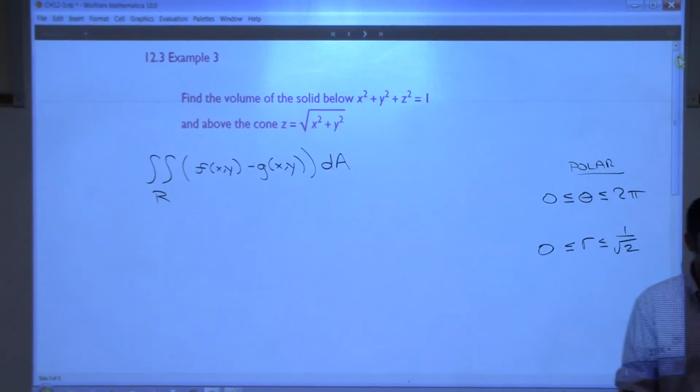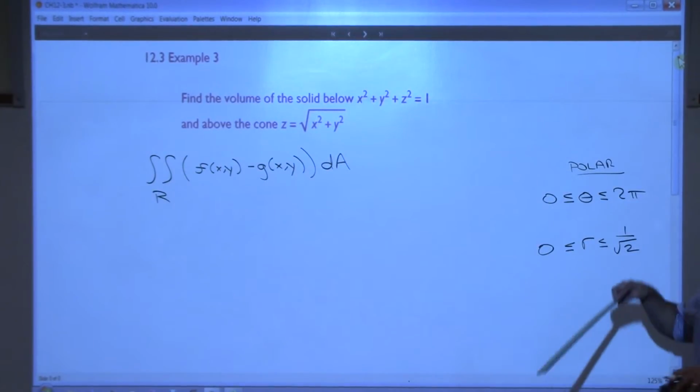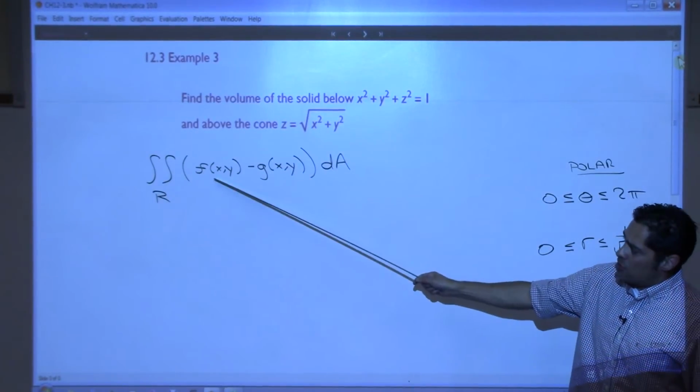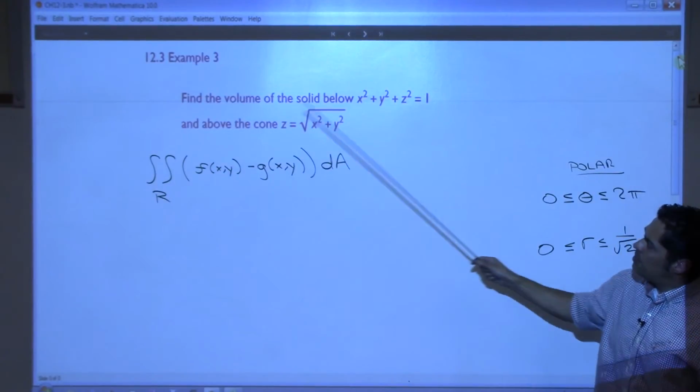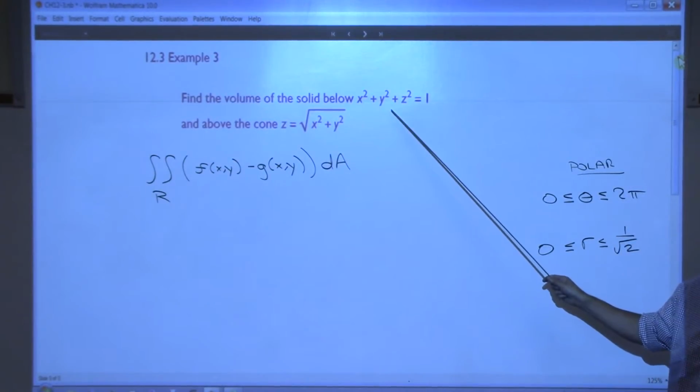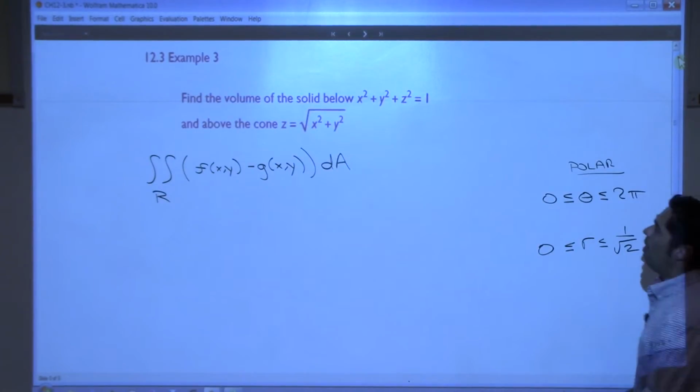It's between two surfaces, so I'm trying to find the volume between two surfaces. My upper function, f, is the sphere, and that means I need to solve that for z. So go ahead and do that now.